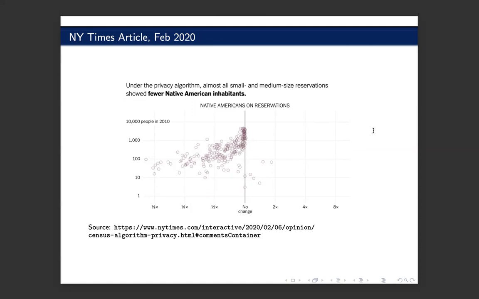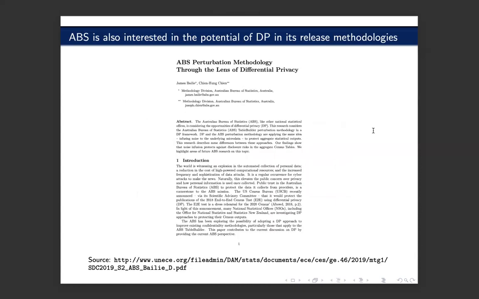So this was concerning, and similar studies, I'm sure, were done. There were court cases in the state of Alabama, I think, about the use of differential privacy for census. So I think that was interesting.